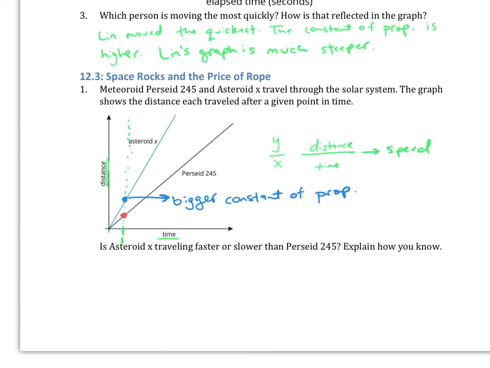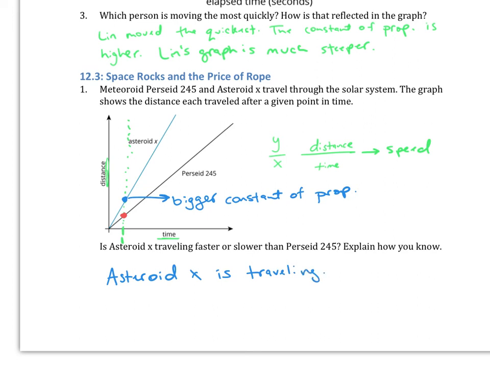So if we're talking in terms of time and distance, that means the asteroid X went farther in the same amount of time than Perseid 245. So therefore, we know asteroid X is traveling faster.